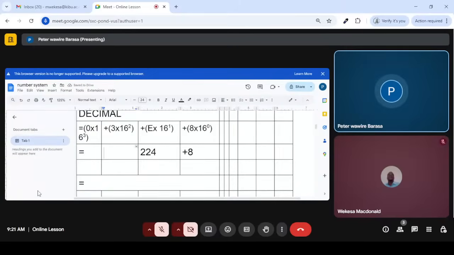Then 16 power 2. 16 times 16 is 256. 256 times 3 gives you 768. Then here it will be 0. It will be plus.